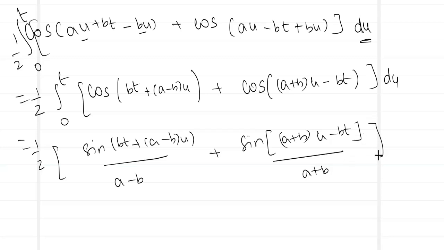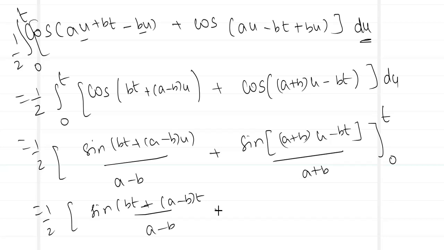Now apply the limit from 0 to t. So we have sin of bt plus (a minus b) times t, the upper limit, divided by a minus b, plus sin of (a plus b) times t minus bt, divided by a plus b.